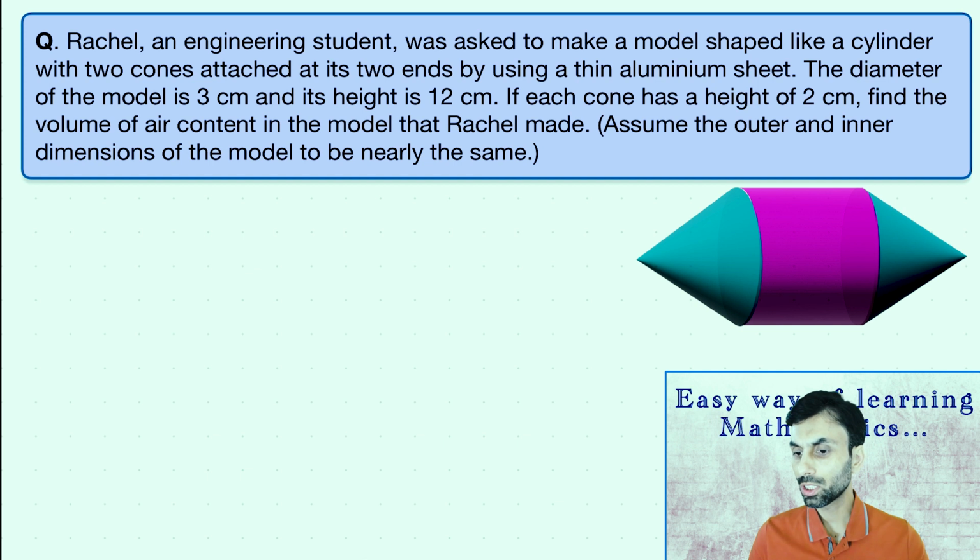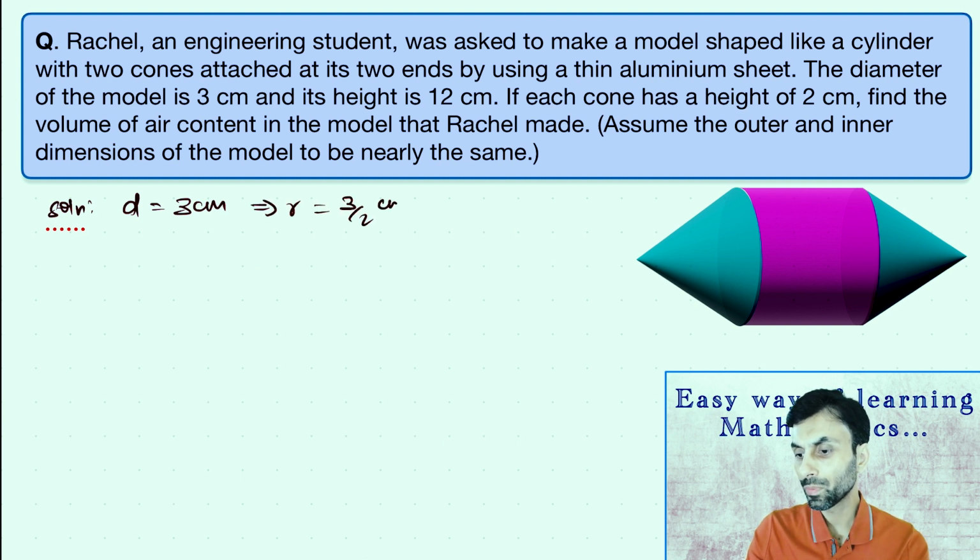The first question is: Rachel, an engineering student, was asked to make a model shaped like a cylinder with two cones attached at its two ends by using a thin aluminum sheet. The diameter of the model is 3 centimeters, which implies the radius will be 3 upon 2 centimeters.